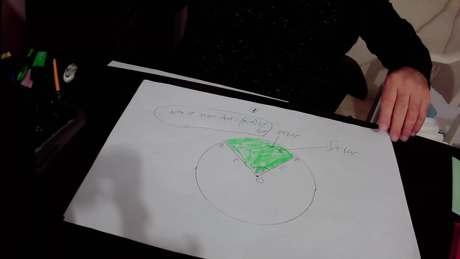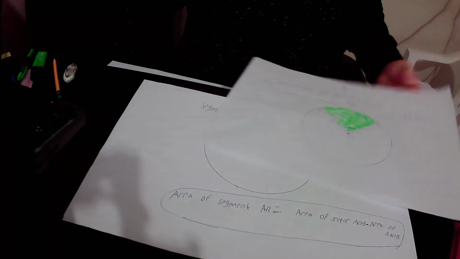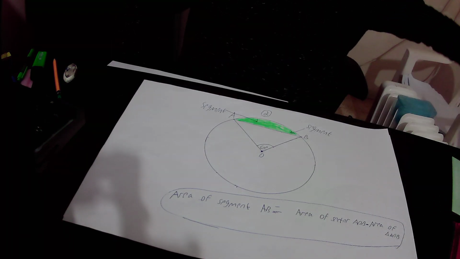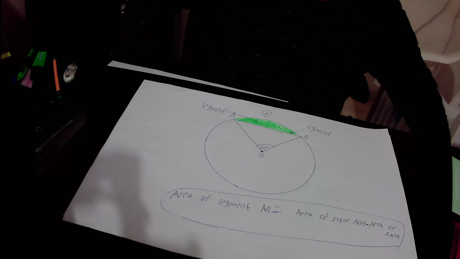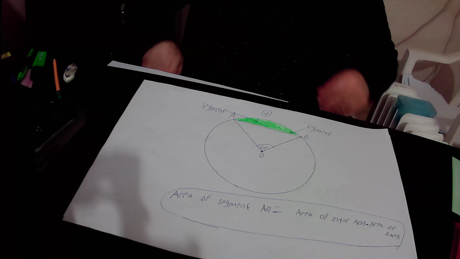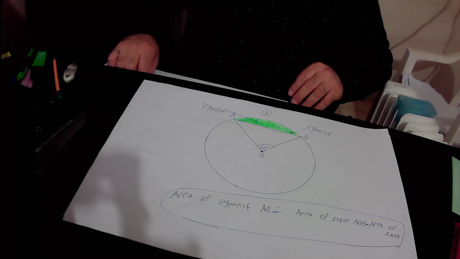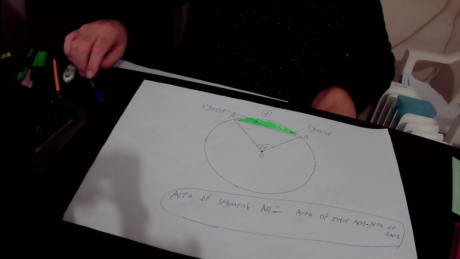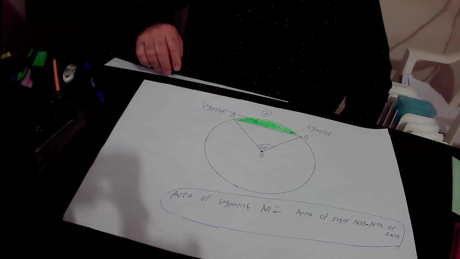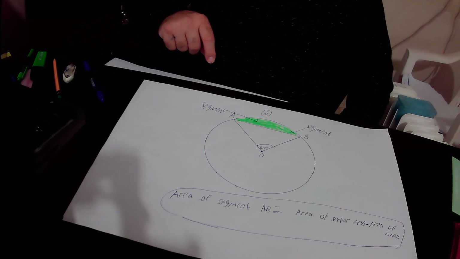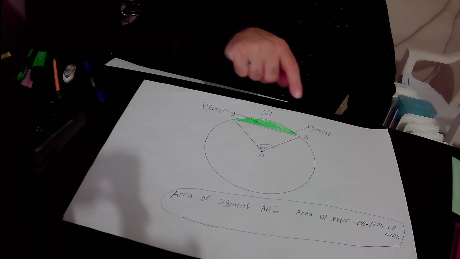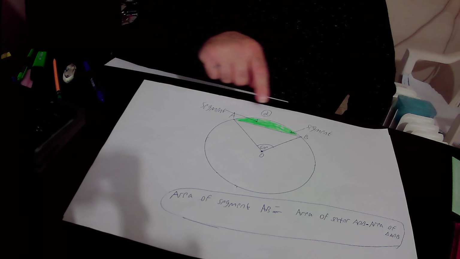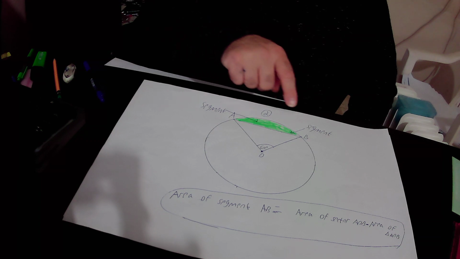Okay, and the second term is segment, and a segment is the area that is bounded between the chord AB and arc AB.